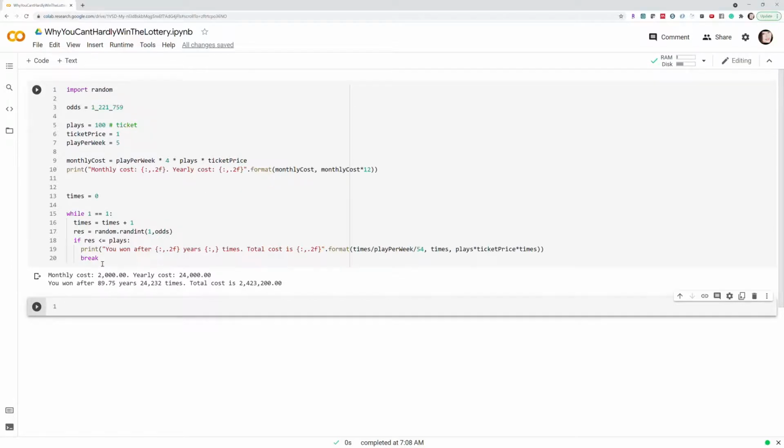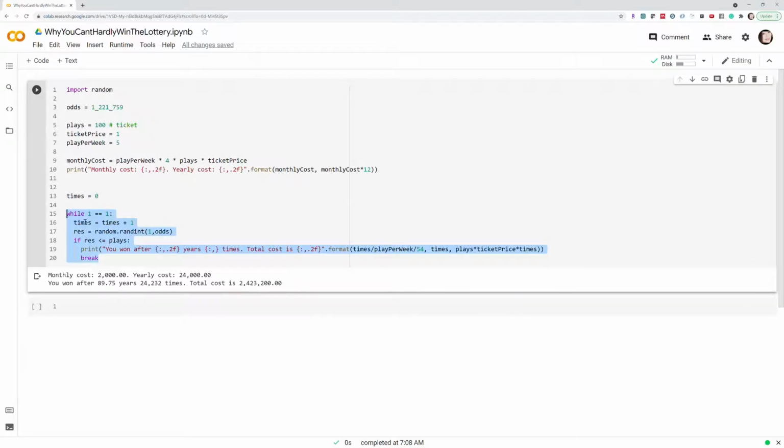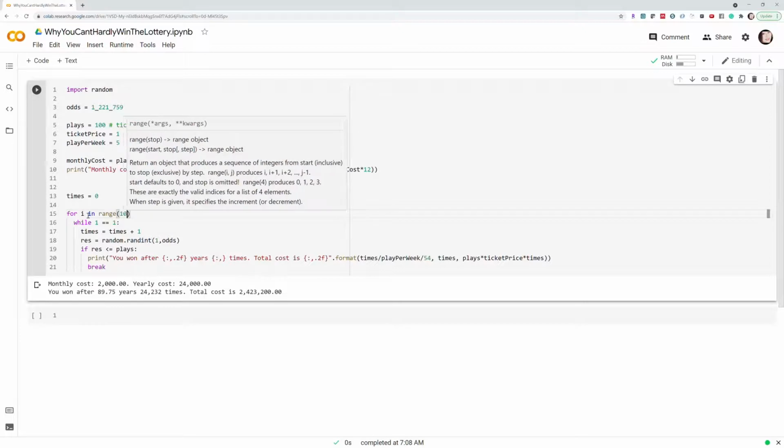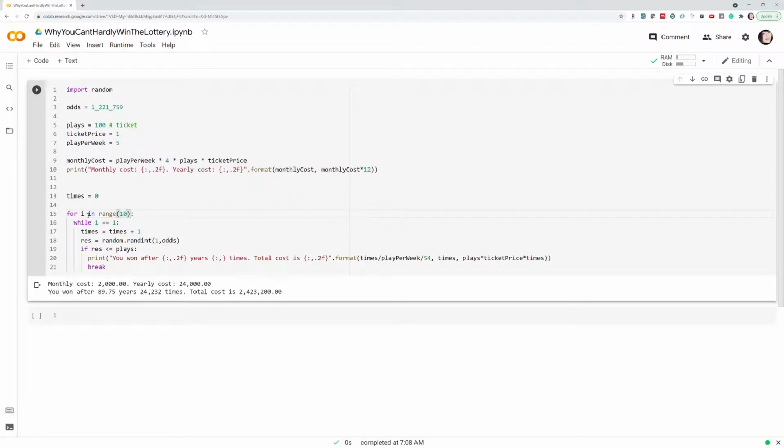So to run this multiple times, let's say 30 times, to see what the possibilities are, we can put that into a bigger loop, and I say, for i in range 30, I say 10, okay, say 15.